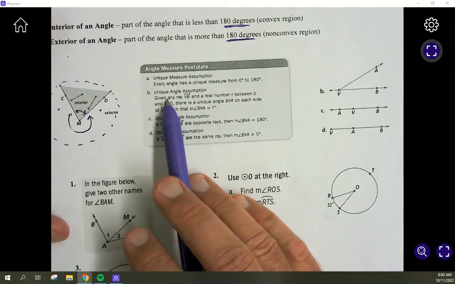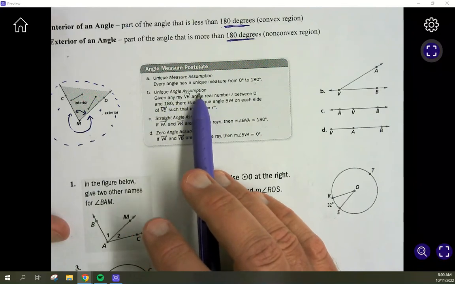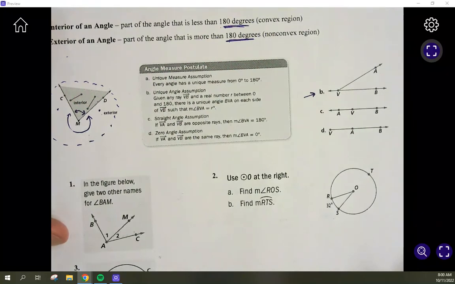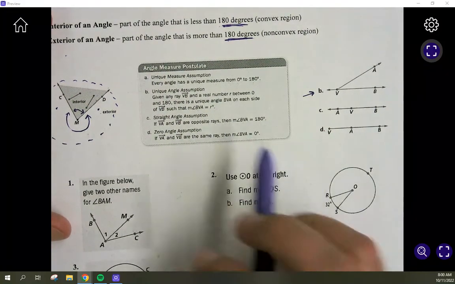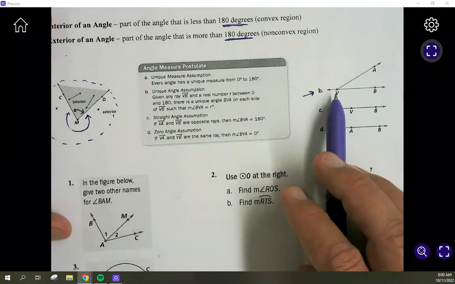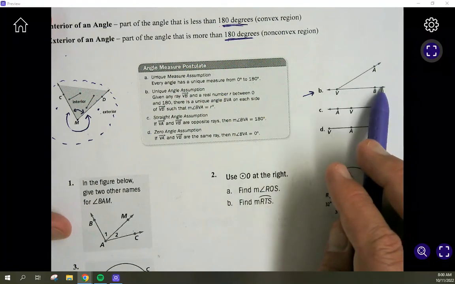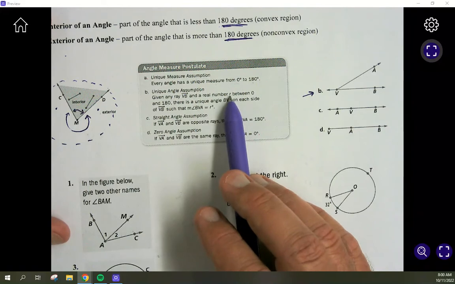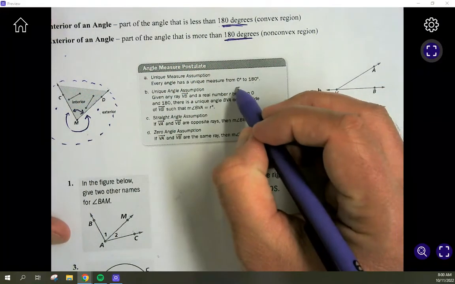Letter B, the unique angle assumption. So that's referring now to this setup right here. We're given any ray VB, so we're given this ray, and a number R that's between 0 and 180. So a number R represents an angle measure.